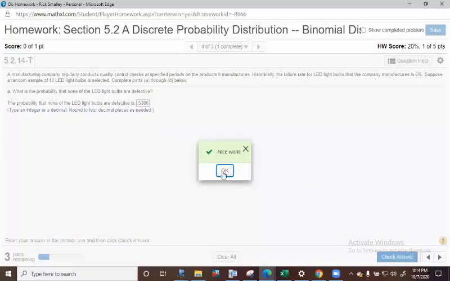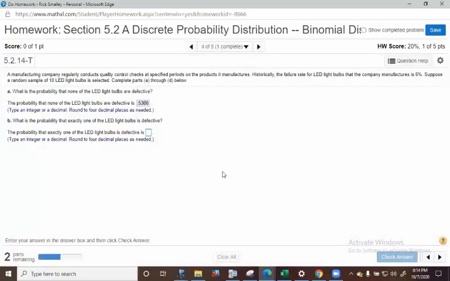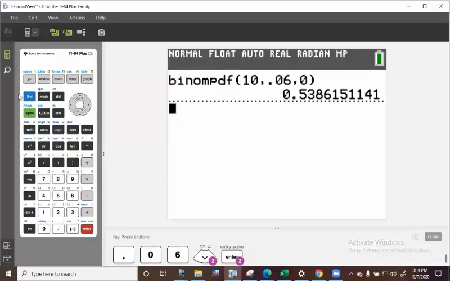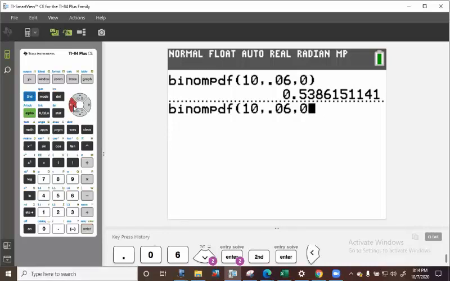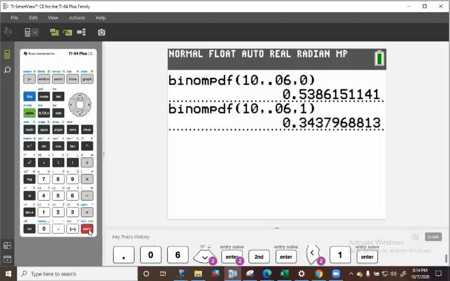Nice work. Exactly 1. Starting to look like that last problem, but it's going to be a little bit different though. Three, 4, 3, 8.